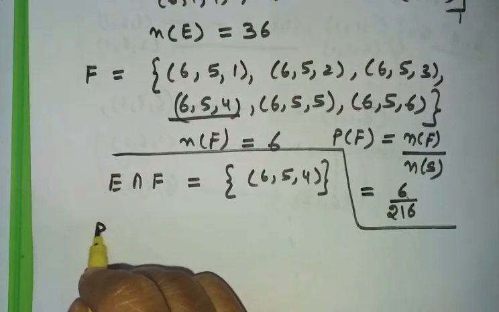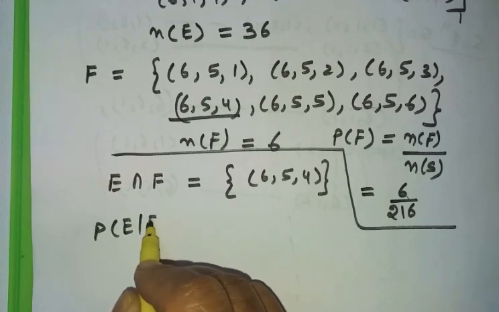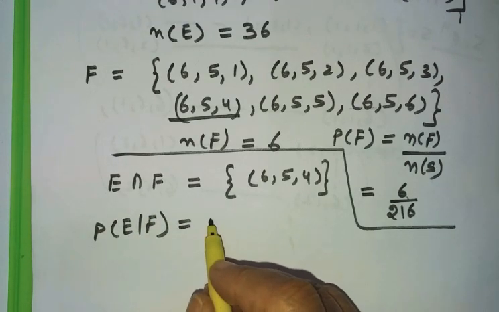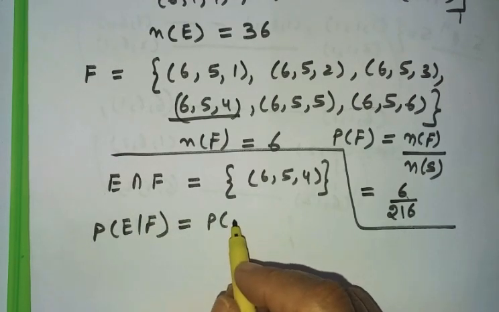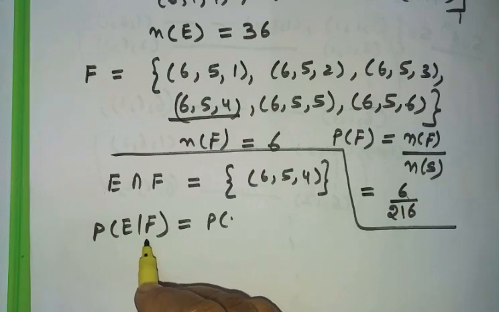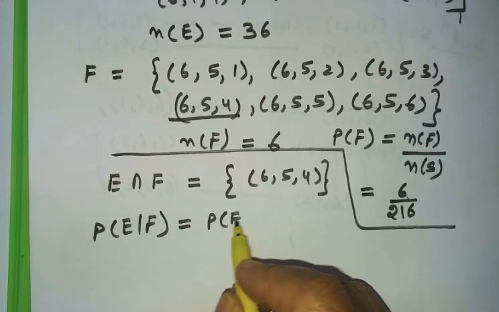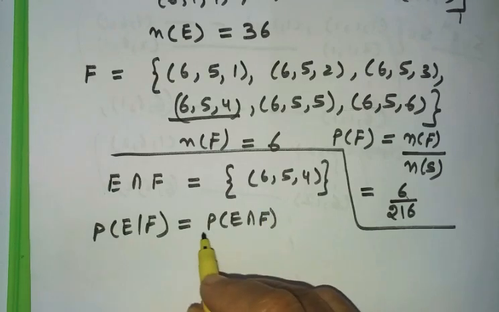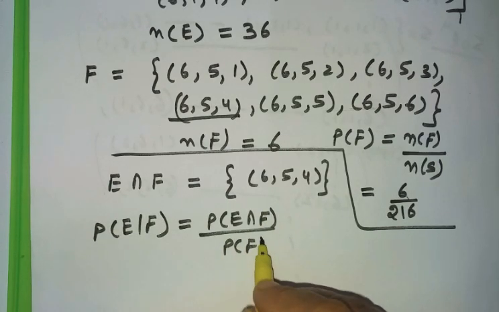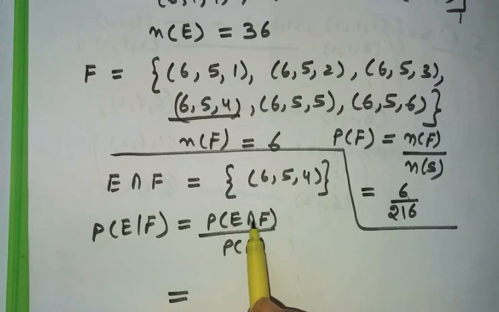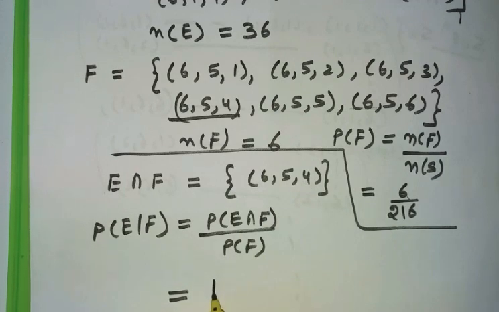Now if we have to find probability of E by F, that is equal to probability of E intersection F divided by probability of F. Now what is probability of E intersection F? E intersection F has got one case, so number of elements in E intersection F, which is 1, divided by total number of elements in sample space.